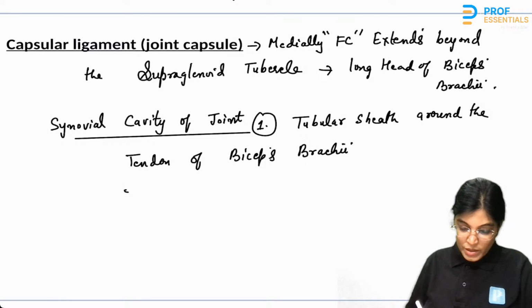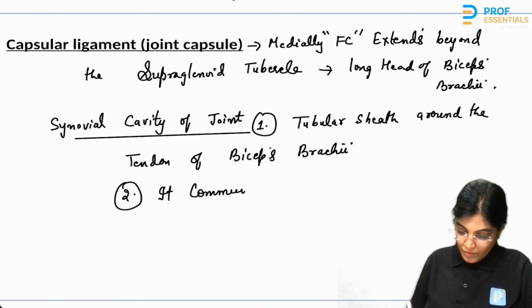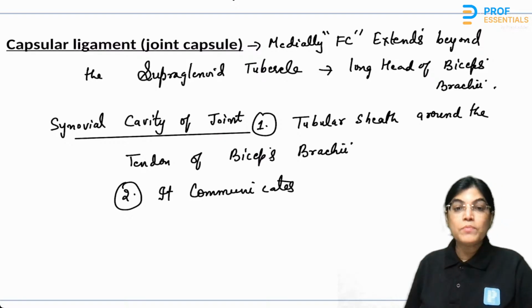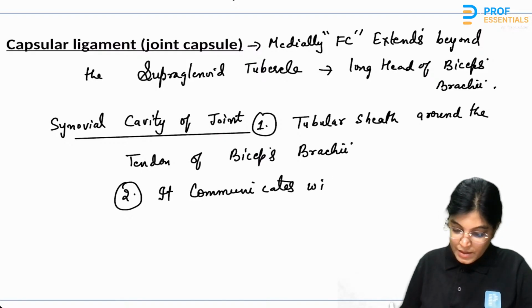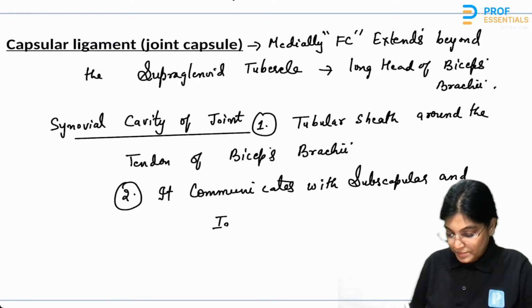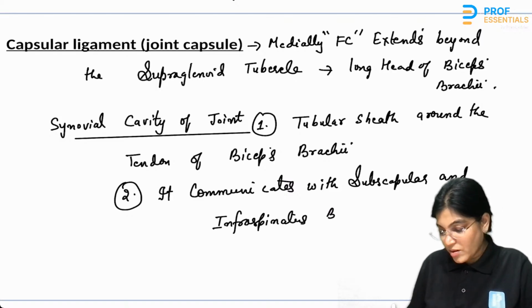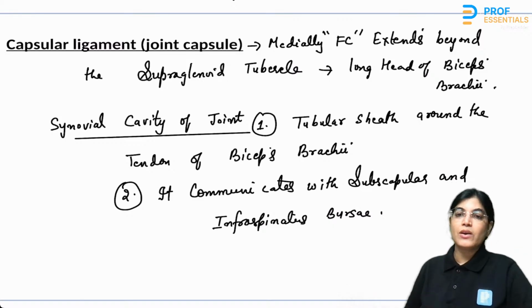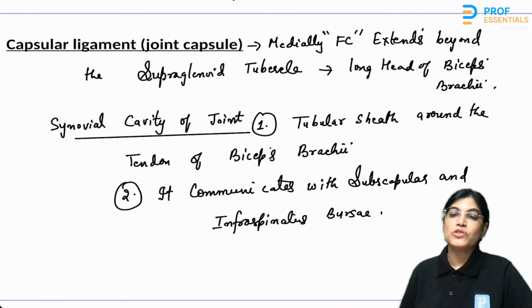Okay, that is important. The other point is, it communicates with two bursas: the subscapular and infraspinatus bursa. Okay, so when I discuss the bursas around the shoulder joint, I will discuss the location of all important bursas around the shoulder joint.